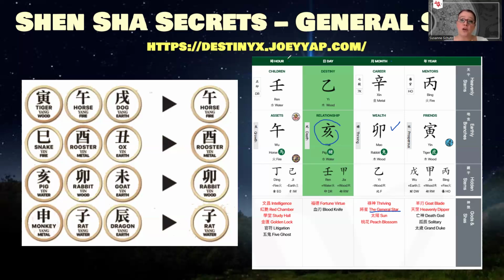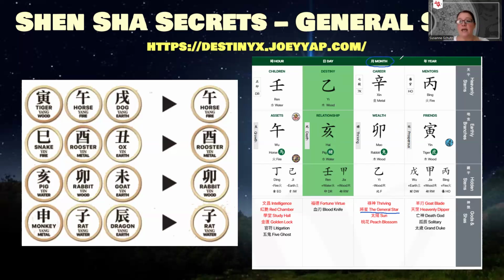Which one of them you particularly have an affinity with depends on the 10 gods that appear together with your general star. As we have seen here, this general star is in the month pillar.